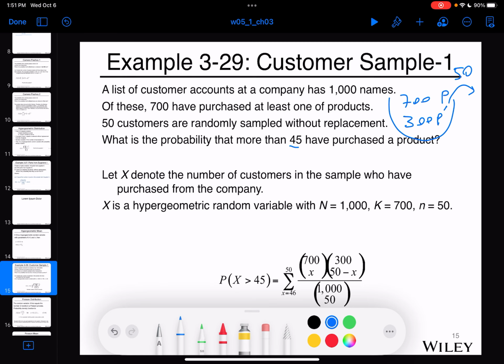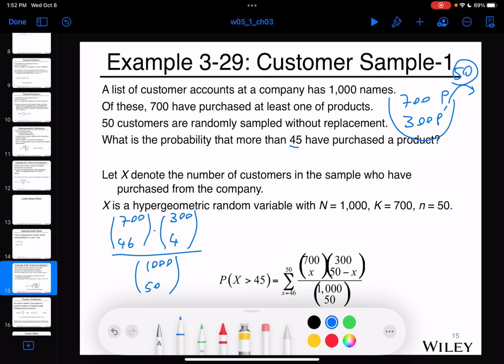So we say, okay, more than 45, so it's going to be 46 from 700 times the remaining 4 from the remaining 300, plus, so this divided by 50 from, so we are selecting 50 total from 1,000, right?